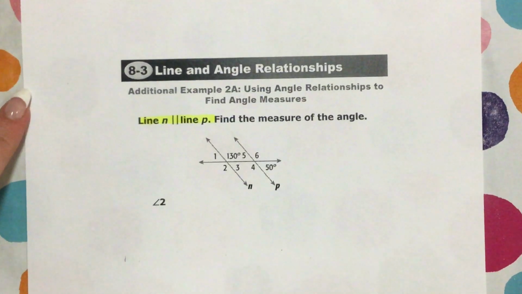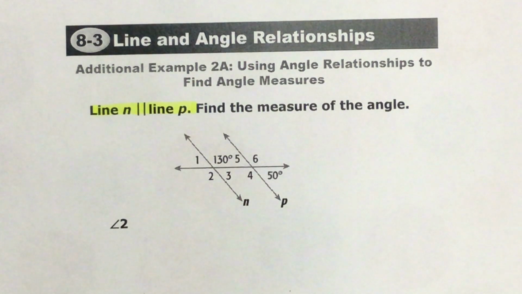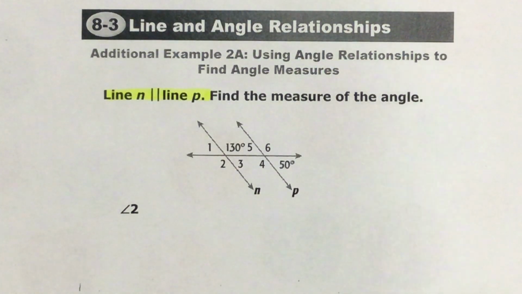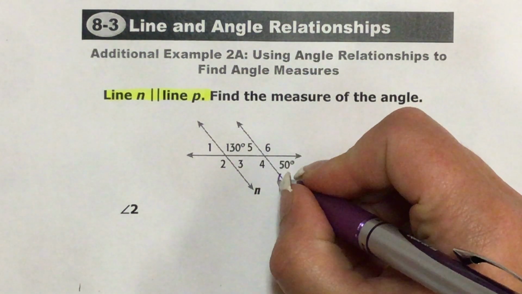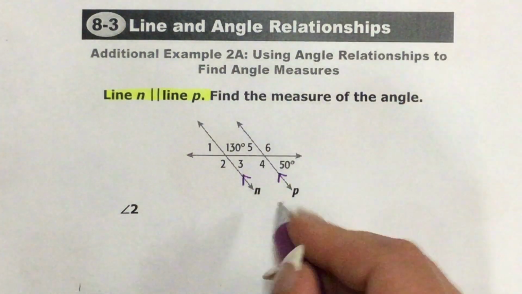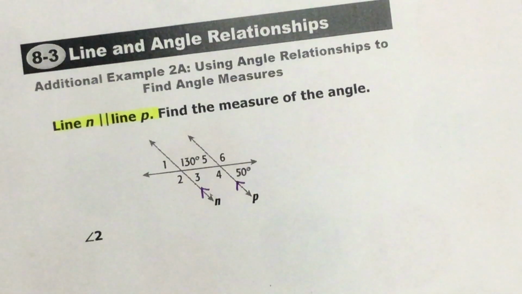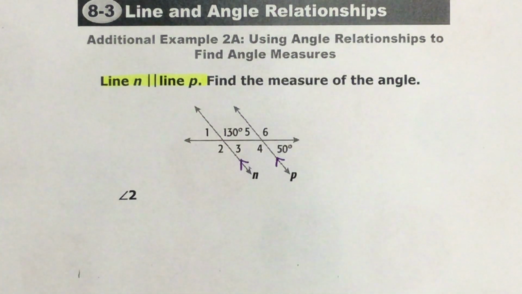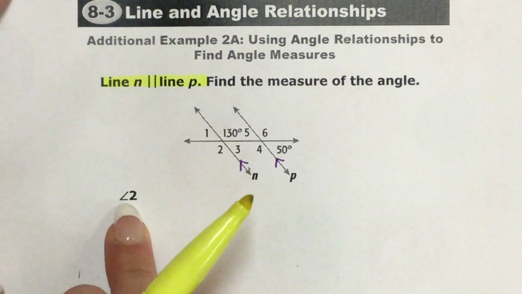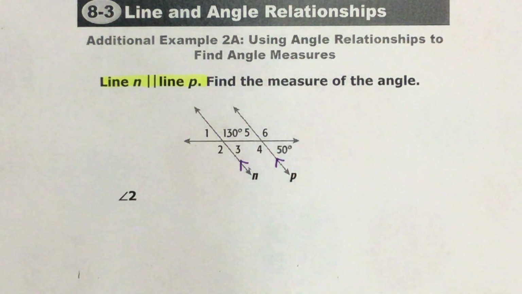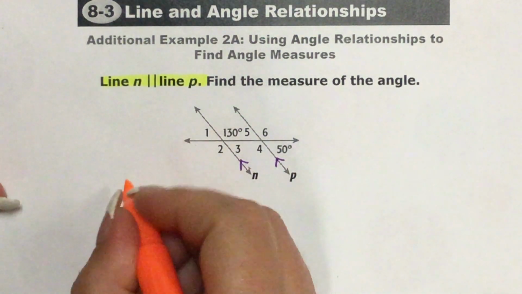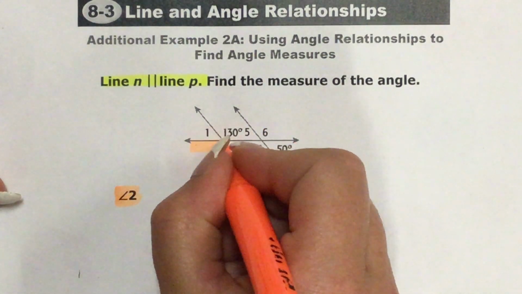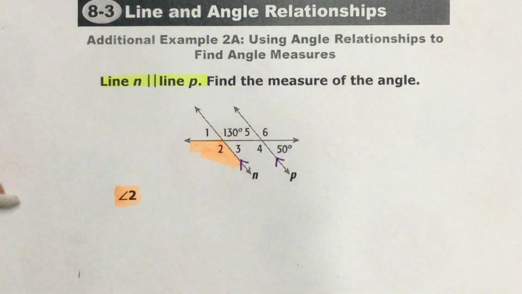Okay, back to the problem. So we know that line P is parallel to line N. So I'm going to make a little parallel mark there, showing those 2 lines are parallel. And then what do we have? We have a transversal right there. What we want to do is find the measure of angle 2, which would be right here. This is angle 2. What's the measure of it?